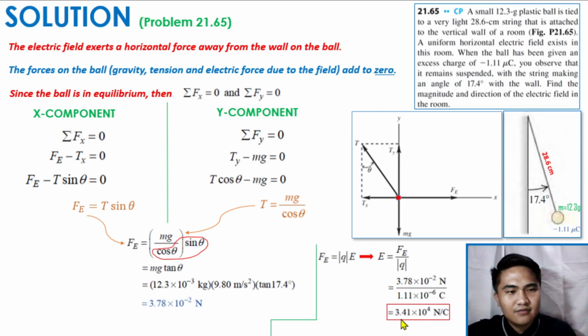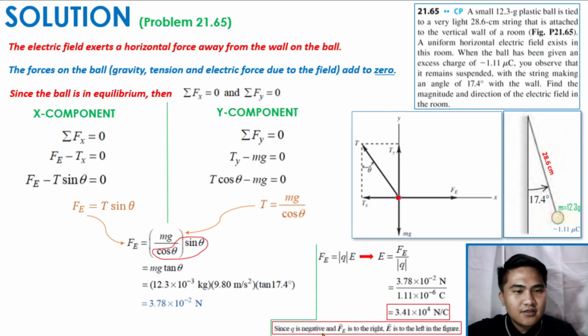Computing this, we have 3.41 times 10 to the 4 Newton per Coulomb. Since the charge is negative and the electric force is to the right here, our electric field is to the left of the figure.